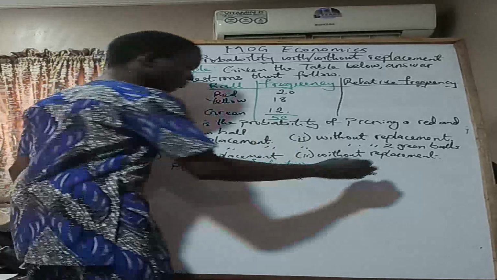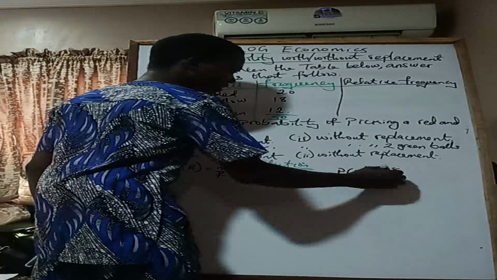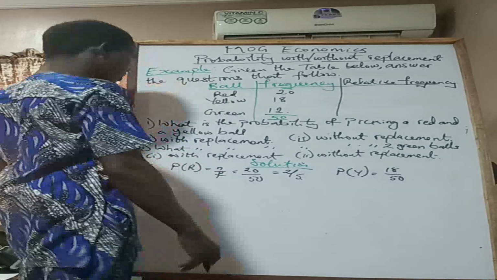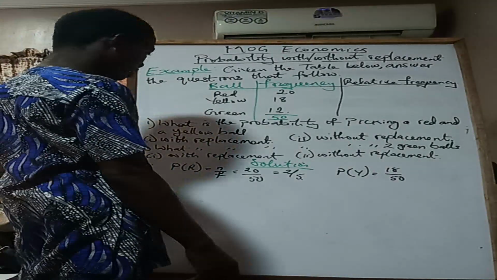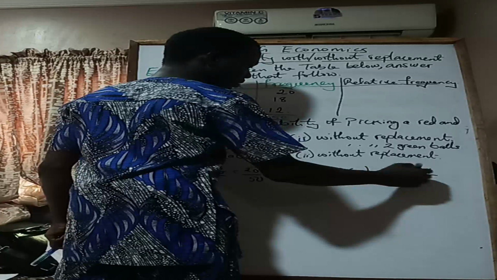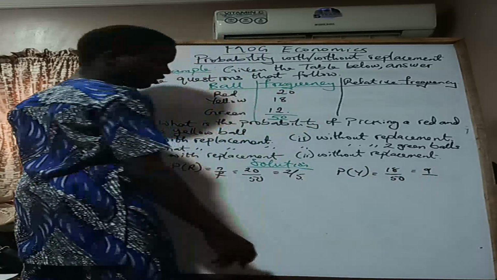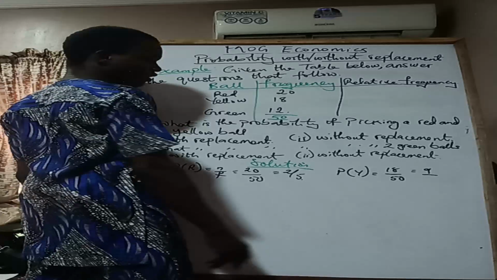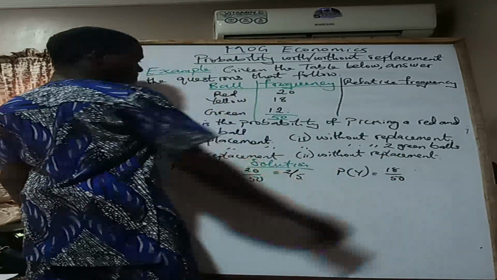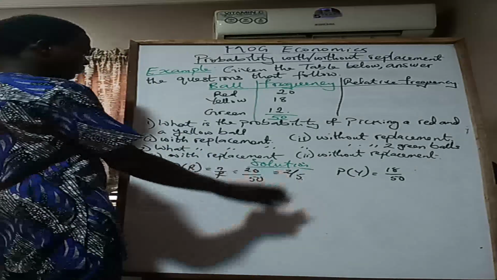Yellow is 18 divided by 50. This gives us 9 over 25. No, there's no need, you don't really have to simplify it. You can leave it as 18 over 50.